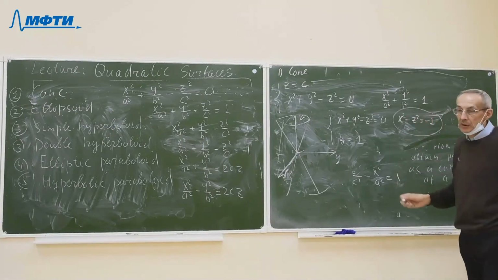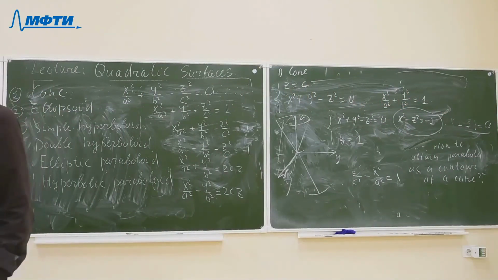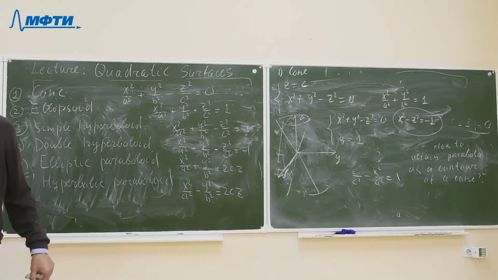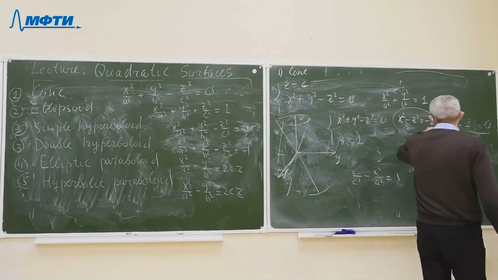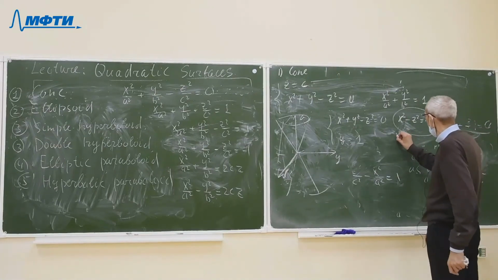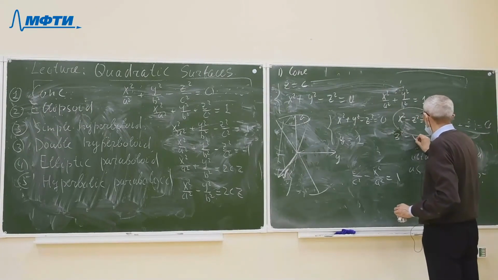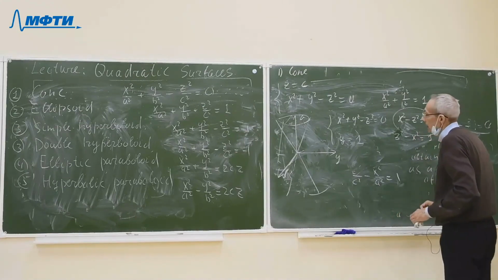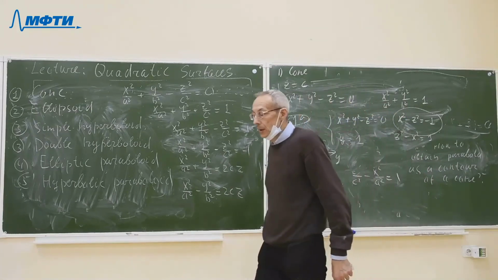What does this equation mean? We obtain the equation of a hyperbola. We can change the sign, and in this case, we obtain the following equation: z squared minus x squared is equal to 1. We obtain a hyperbola.